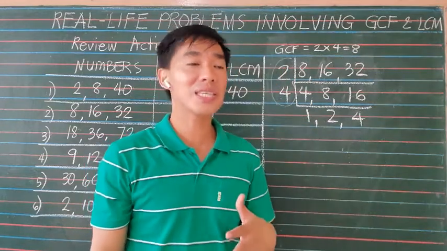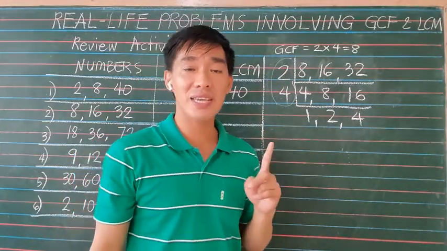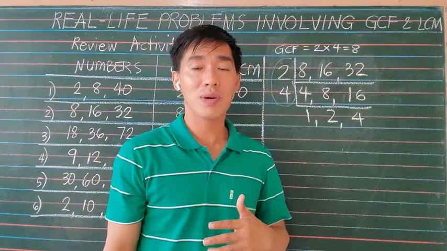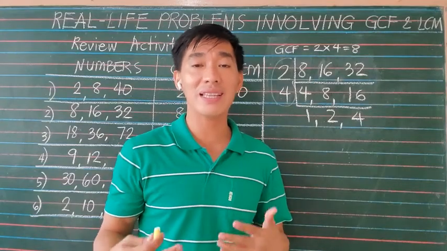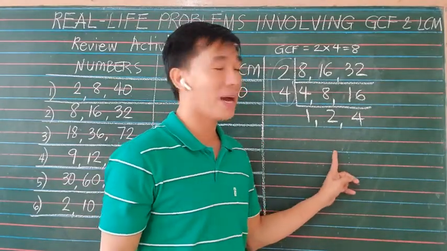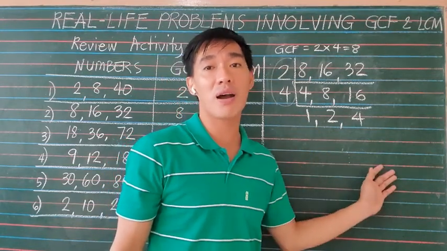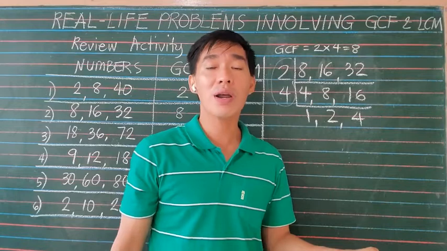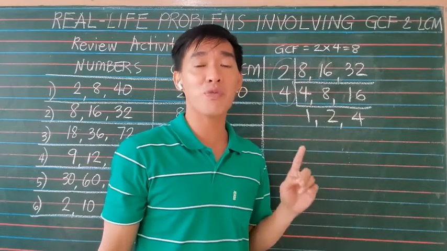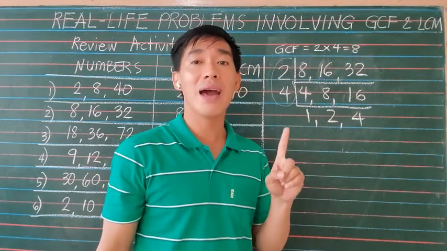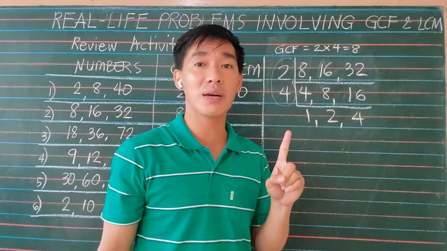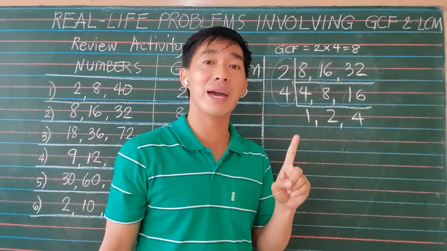Okay? So, this time, in getting the LCM, as what I have told you a while ago, we will continue on dividing until we reach 1, 1, and 1. Or until all of our quotients are 1. Or, we will just stop if we have only one remaining number that could be divided by a divisor.